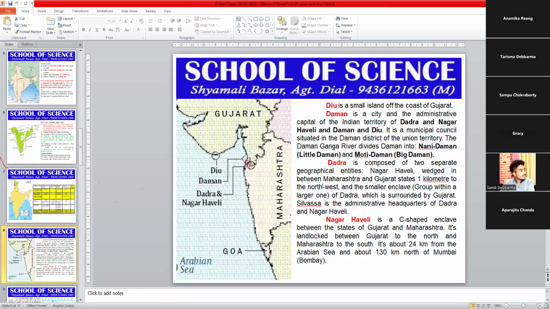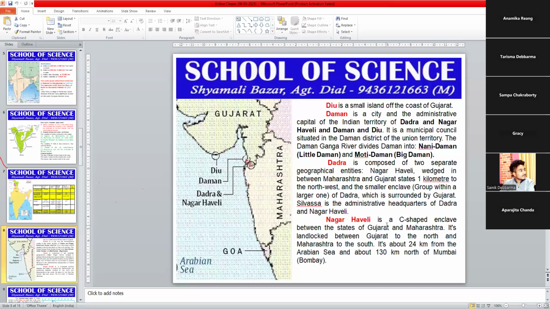Now, Dadra. Dadra is composed of two separate geographical entities, Nagar Haveli, west in between Maharashtra and Gujarat states, and the smaller enclave. Enclave means a group within a larger one, of Dadra, which is surrounded by Gujarat. Silvassa is the administrative capital of Dadra and Nagar Haveli.